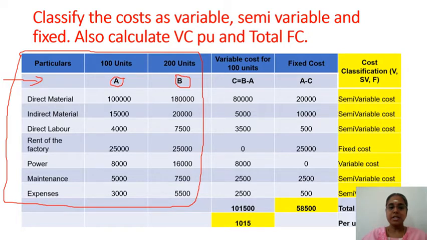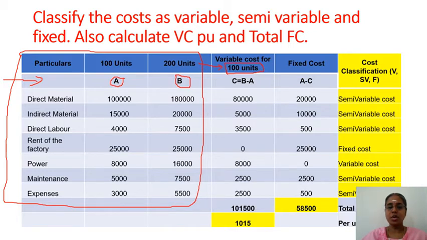For direct material, the costs for 100 and 200 units are given, so we can find the variable cost. The variation in the number of units is 100. So that is the next column, variable cost for 100 units. This 100 is not a standard. It is calculated as 200 minus 100, which is 100 units.